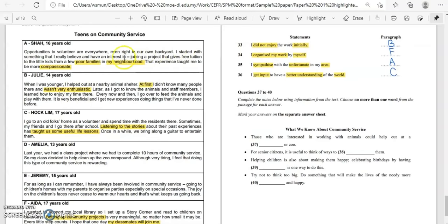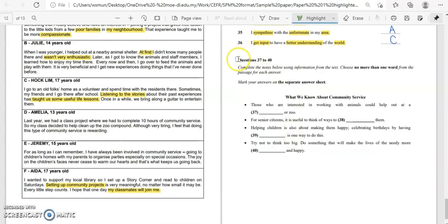Try to see whether the keywords in the text match with the keywords in the statement. This is to help you to check your answer later, and it saves your time. You don't have to read through or scan through the text again. So when you check your answer, very obviously you can focus on the highlighted keywords to check your answers.